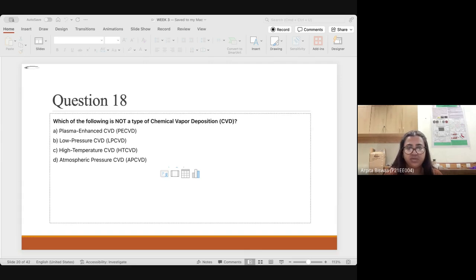Because in CVD, normally high temperature is required, so nothing called high temperature CVD is there. Mostly in CVD, high temperature is required, but in the plasma enhanced CVD technique, we can do the deposition at some low temperature. So the right option is option C, the high temperature.